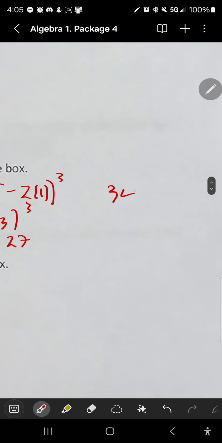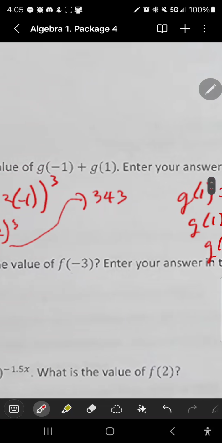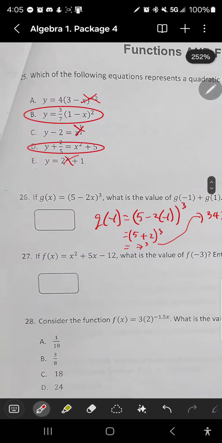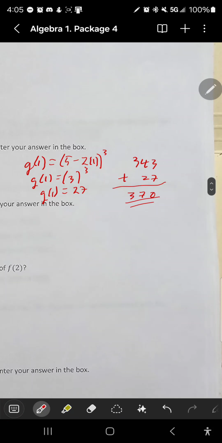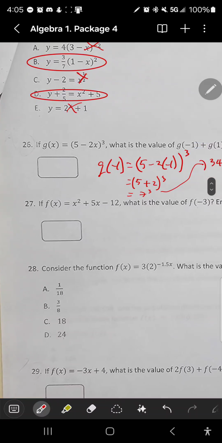So we need to say 343 plus 27. The addition of the two is 370.